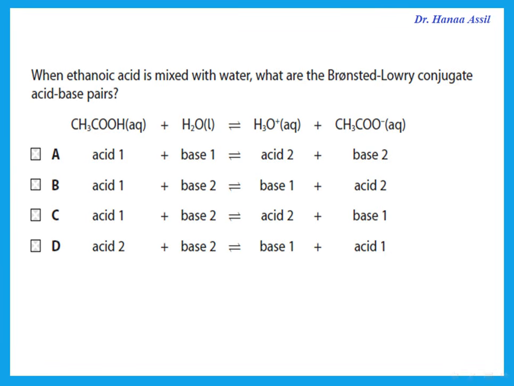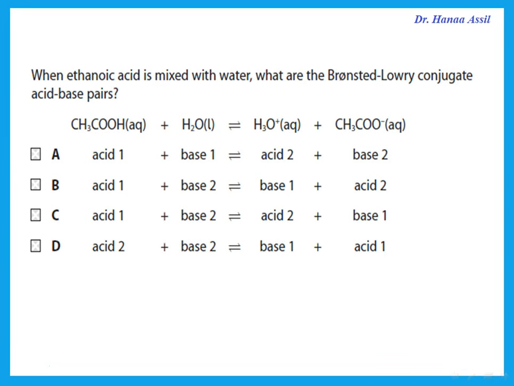When ethanoic acid is mixed with water, what are the Bronsted-Lowry conjugate acid-base pairs? Okay, so we have ethanoic acid plus water to give H3O plus and CH3COO minus. Remember, if we're going forward, the one that is an acid will become a base, and the one that's a base will become an acid.